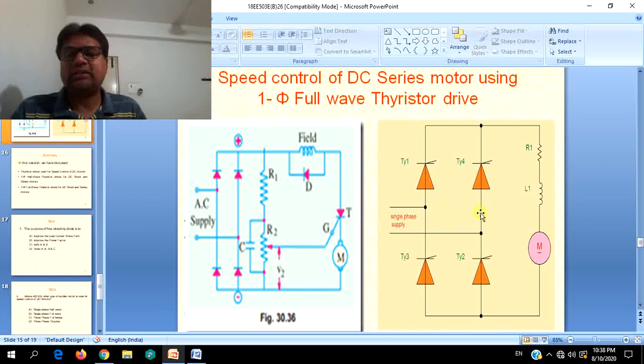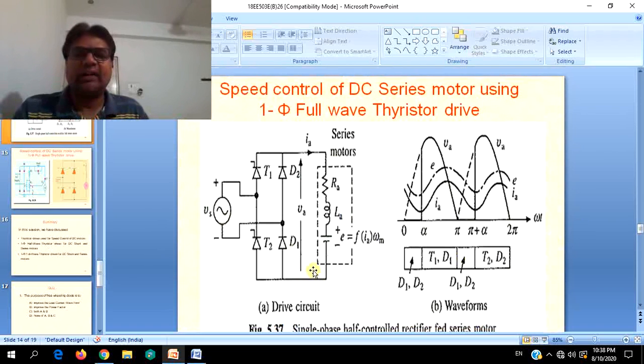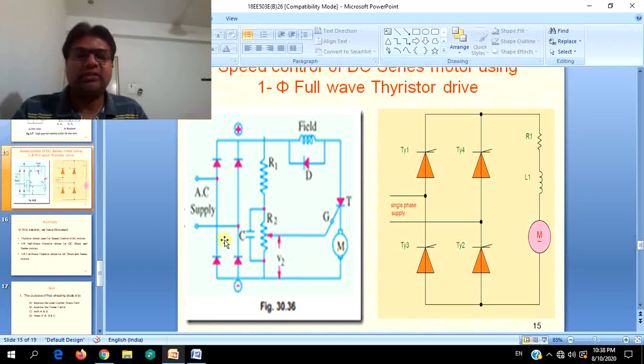Here is shown another thyristor drive comprising all SCRs for the series motor, which will also act in the same fashion. So this is a diode bridge with a single SCR, and this is an all-SCR drive, that is, a fully controlled rectifier.